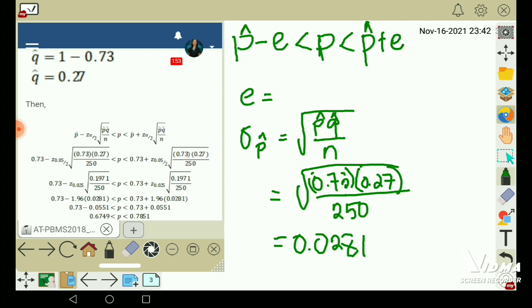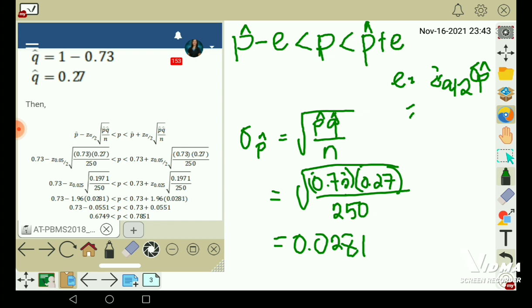Okay, now in order for us to solve for the E, or your margin of error, we have the following formula. E is equal to Z sub alpha over 2 times the square root of p hat q hat over n.